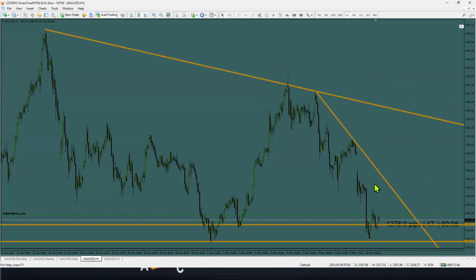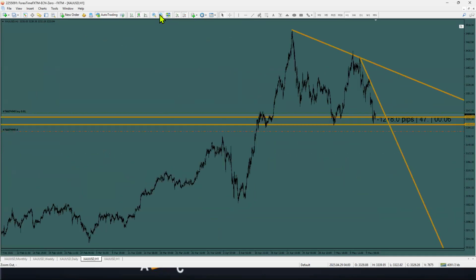So a conservative trader will draw this line and wait for the day the market will break this trend line before they take a trade, because this market can actually come to this trend line and then come back again. Yes, that's true.